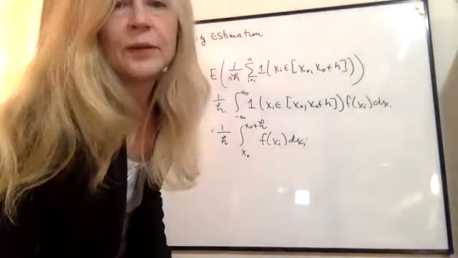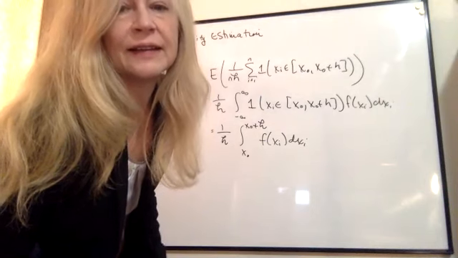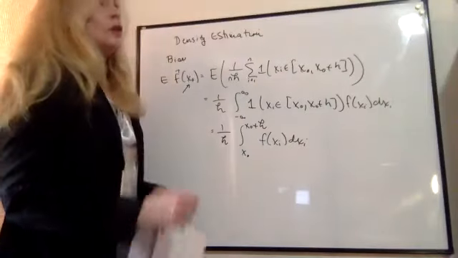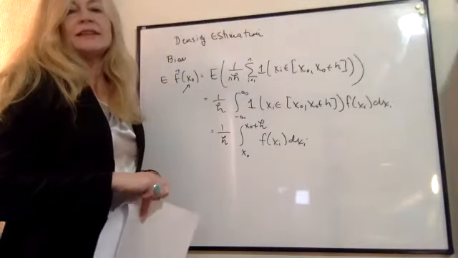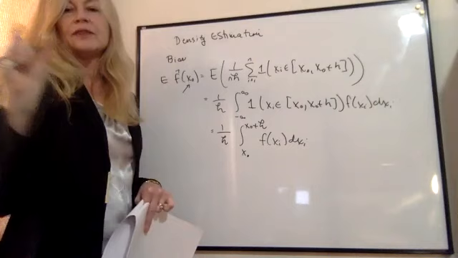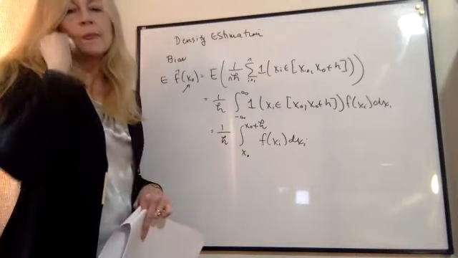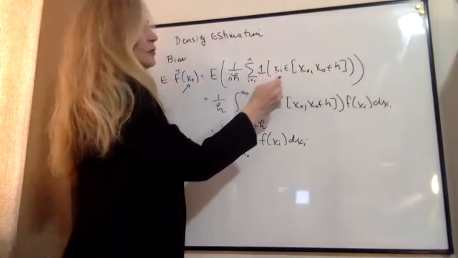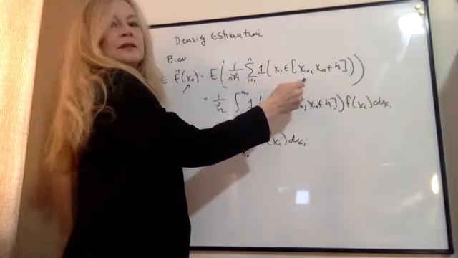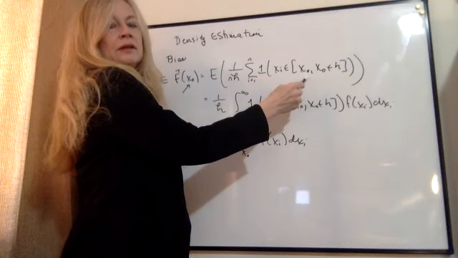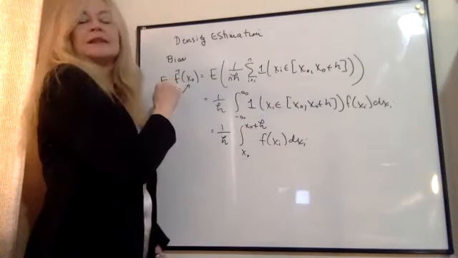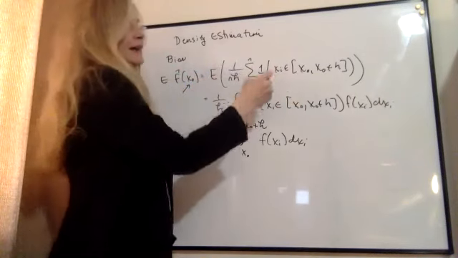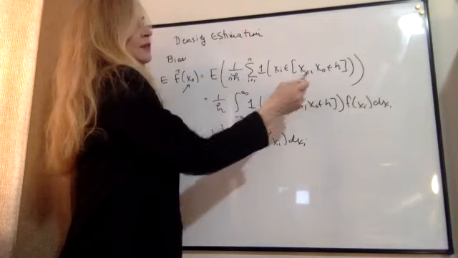Next question: would the outputs for any value between x naught and x naught plus h be the same? Well, as I change x naught, I would be changing that interval. So if I change the x naught, then different x's would be within that interval. Therefore I might get different density estimates as I change the x naught points, because I'm basically adding up all the observations within this interval.